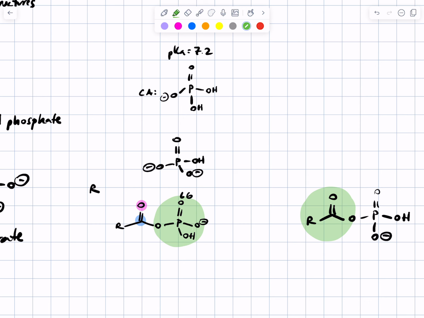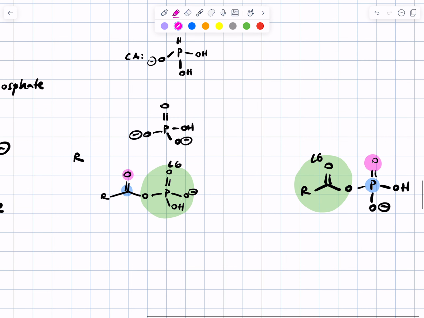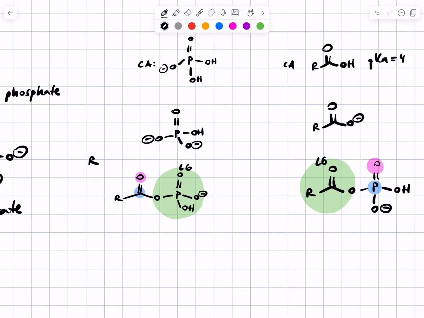What if this is the leaving group and this is the electron poor atom that gets attacked, and that's the oxygen that receives the electrons? If that occurred and the carboxylate left, what would it look like? Like that. Of course, the carboxylate's conjugate acid is a carboxylic acid, which has a pKa of 4.